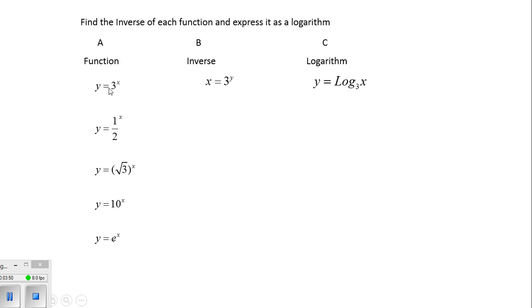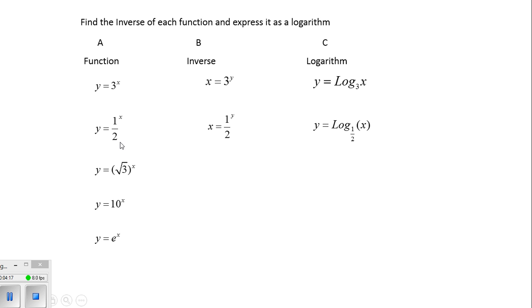And here we go. Y equals 3 to the x is the exponential expression. And the inverse is expressed as x equals 3 to the y, which in logarithmic form is log base 3 of x is equal to y.